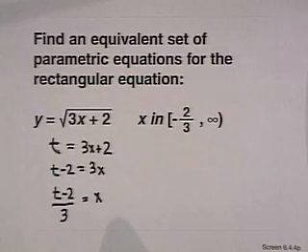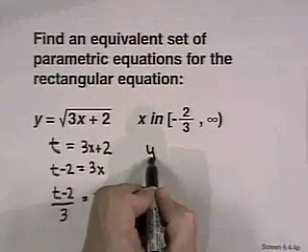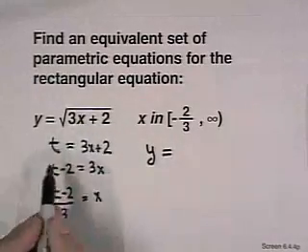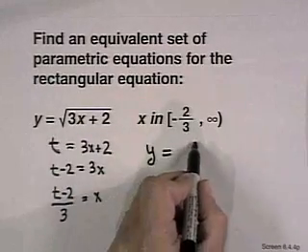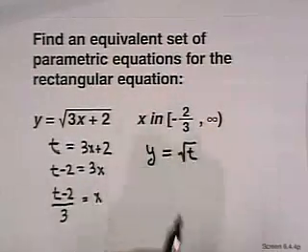There's our first parametric equation. Our second one is to go back and say, well, what would the y parametric have to be? Well, if 3x plus 2 is going to be our t, then the second parametric is just y equals the square root of t.